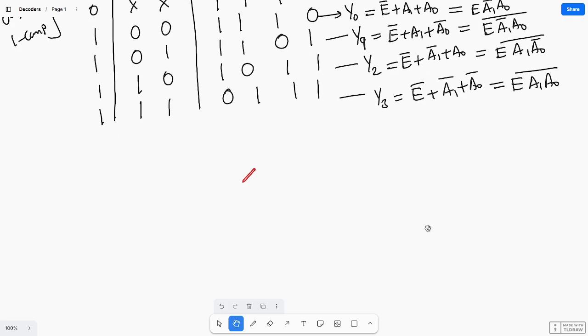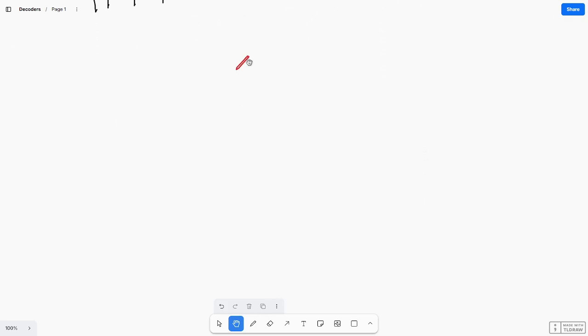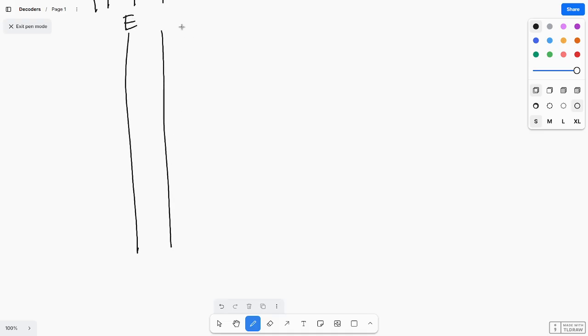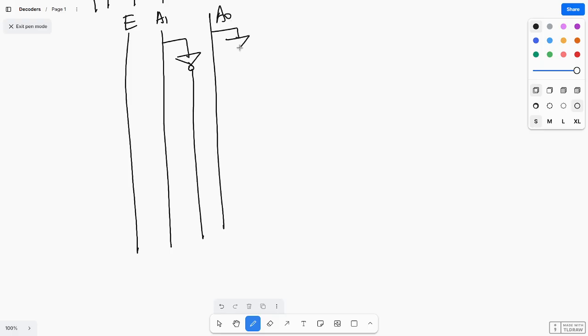So see here, how to design? Yes, so I am designing this. Here the enable pin is coming. Let us take this as A1, and with an inverter A1 bar, and A0, with an inverter, A0 bar.